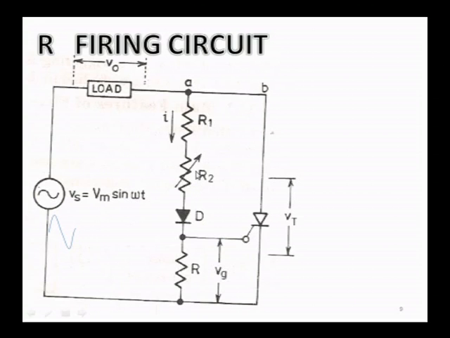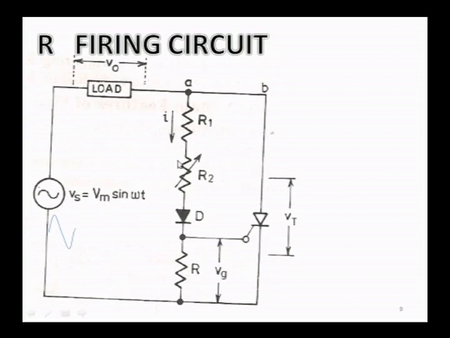Yes, this is a variable resistance. If you make this 0 without the presence of resistance R1, there is every possibility that a very large current can flow into this path, and definitely it will damage your SCR. So, R1 is another safe value resistance connected in series with the variable potentiometer R2, which prevents the heavy inrush current to the gate circuit.